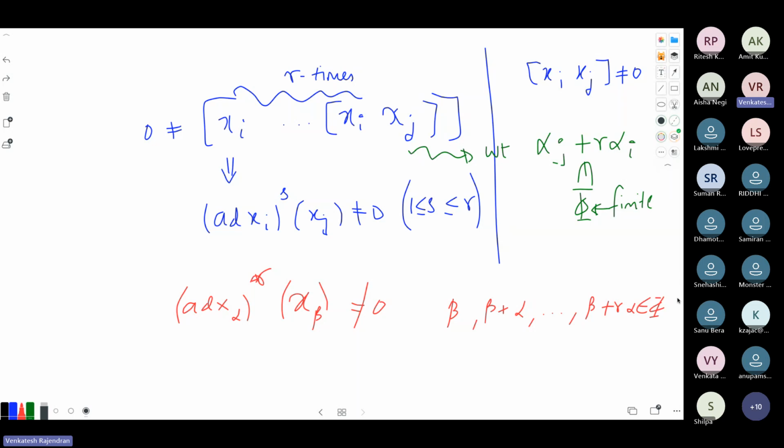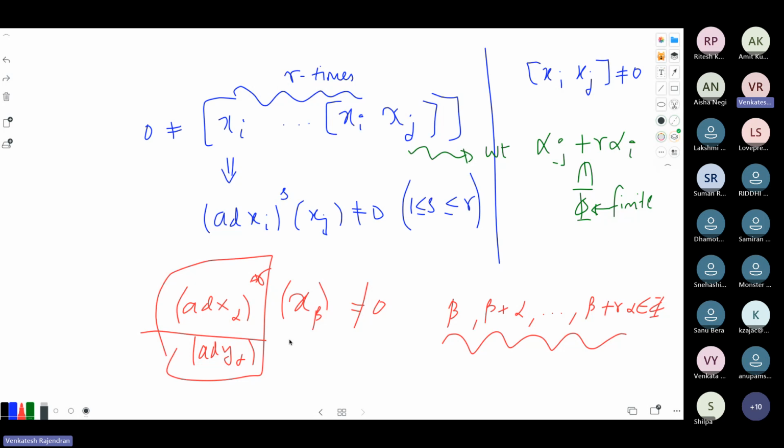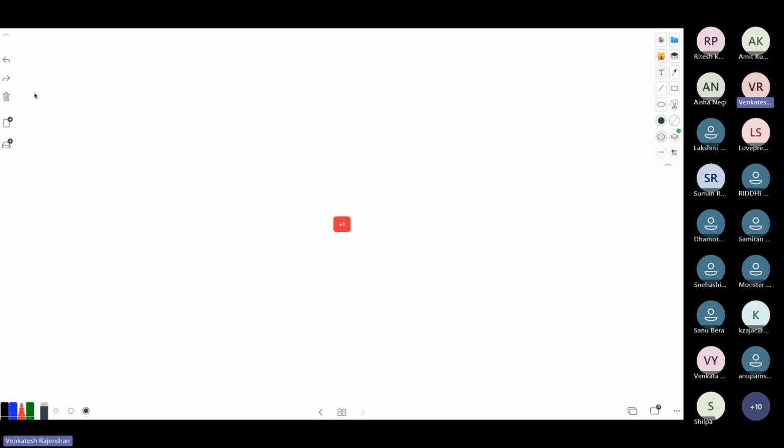This is an important thing to notice. Similarly, you apply ad y alpha. So the interaction between these two is encoded in the string property. In some sense, we want to determine what this r will be, and you can determine that using the string property.